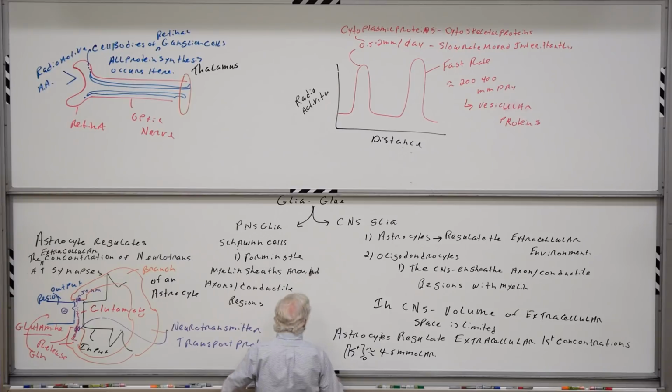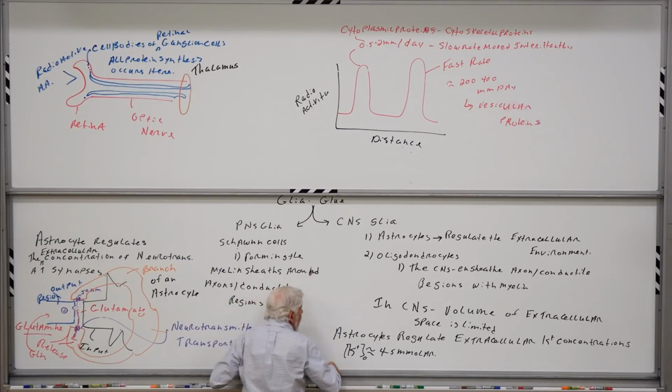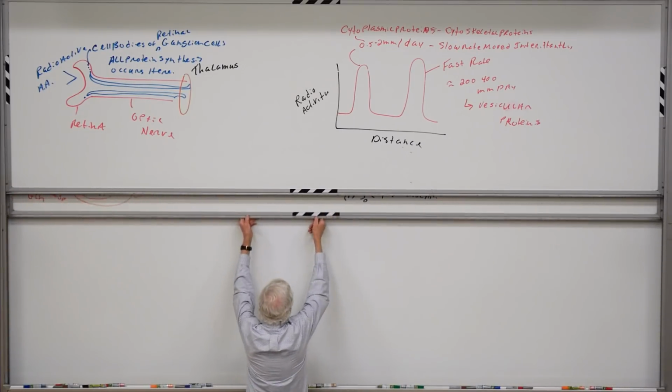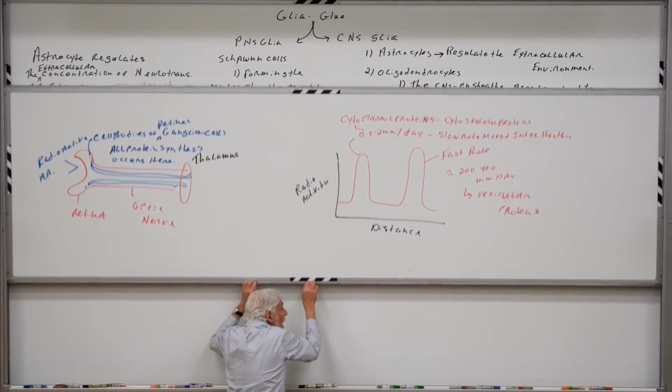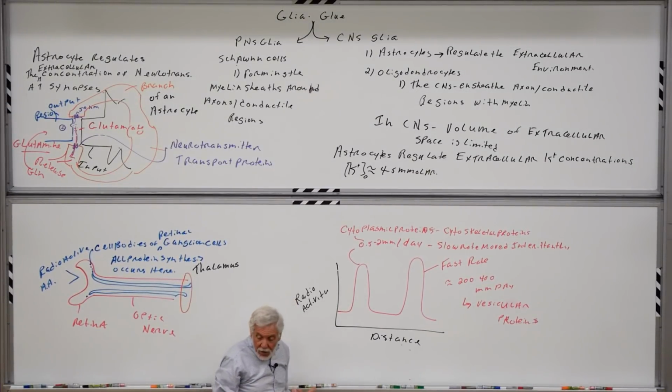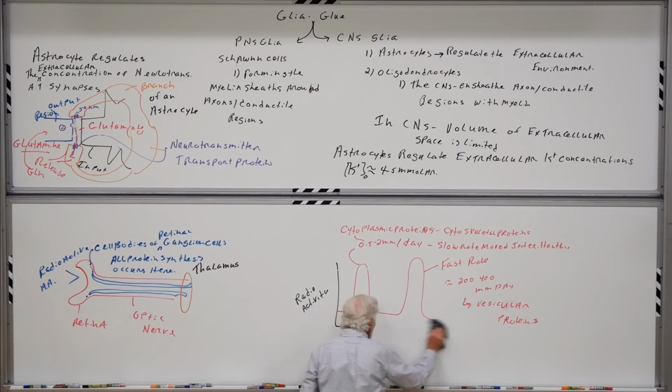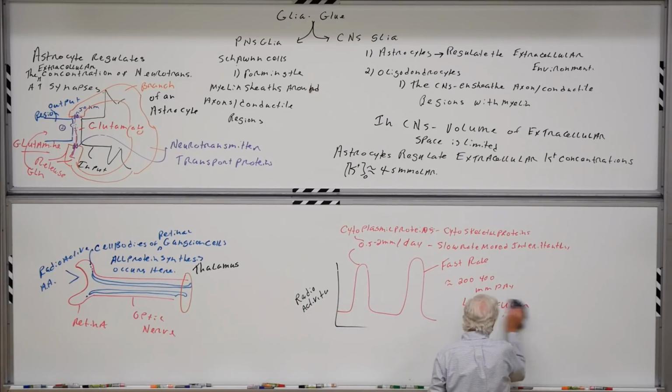Well, hold on to the idea that that's what the astrocytes do. They're environmental regulators. As time goes on, if you revisit any of this material, remember that regulating the environment is really important in the central nervous system.